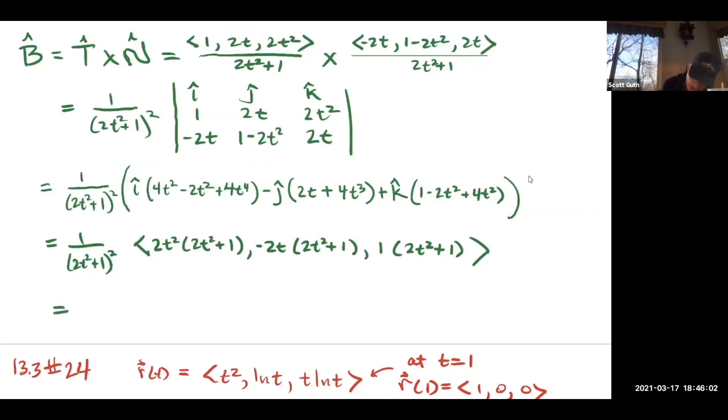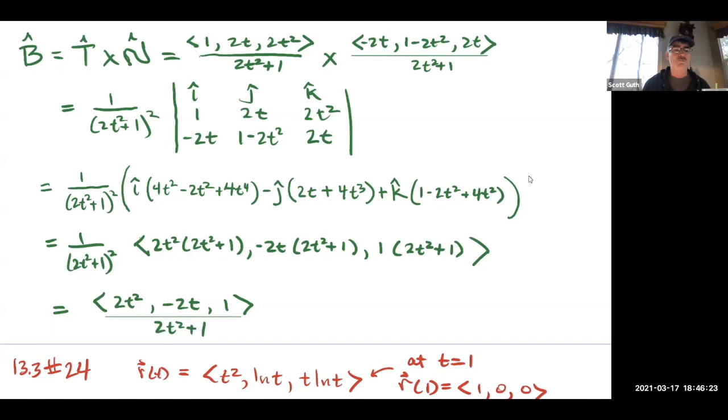So you end up with just 2t squared, comma, negative 2t, comma, 1, over 2t squared plus 1, because the 2t squared plus 1 factor cancels one of the scalar factors in the denominator.